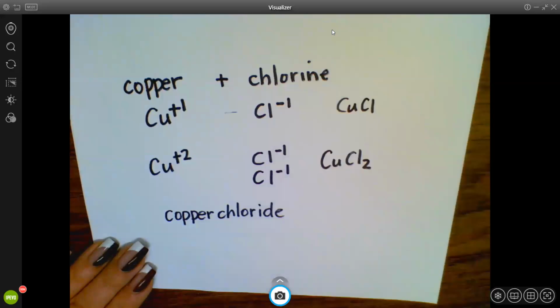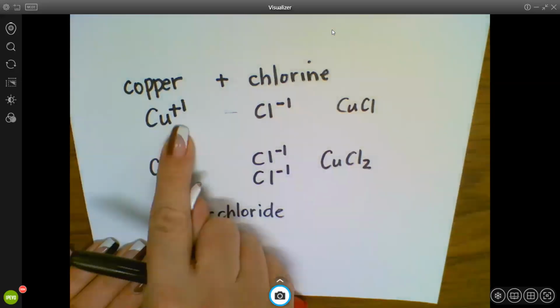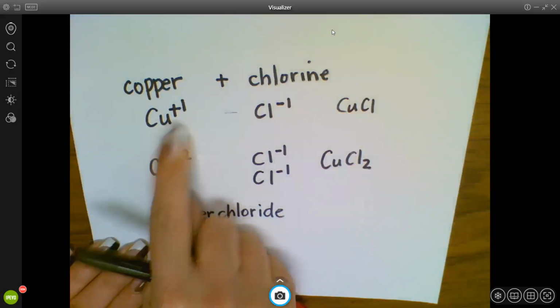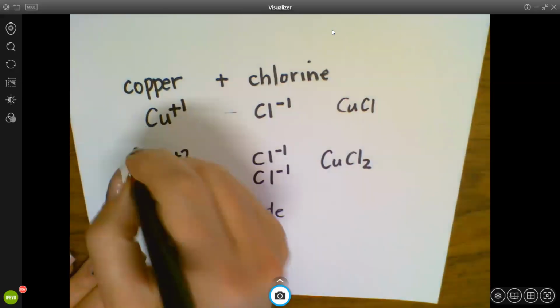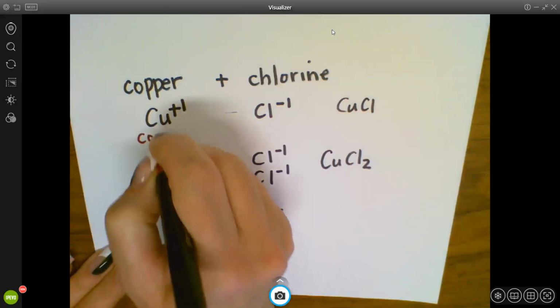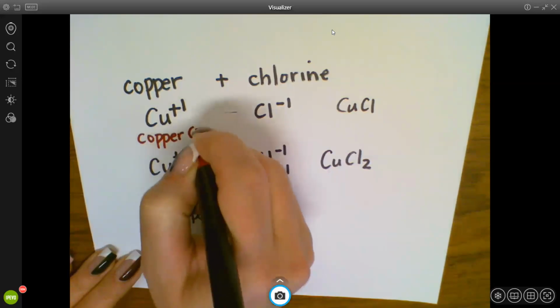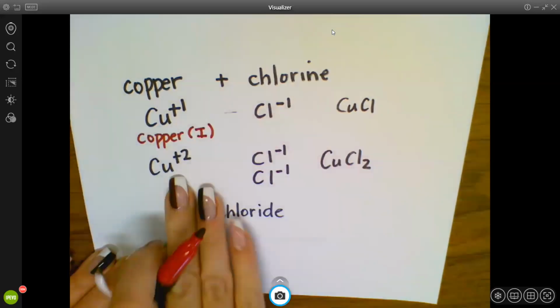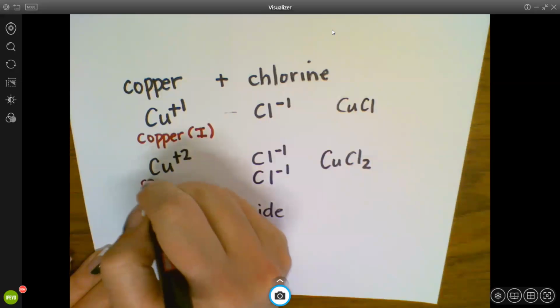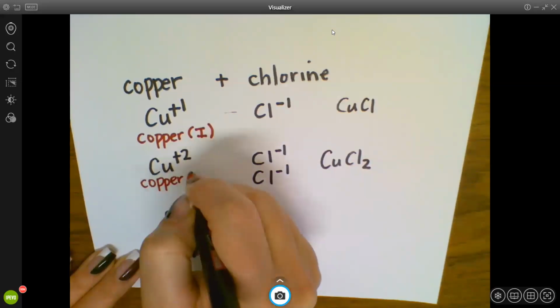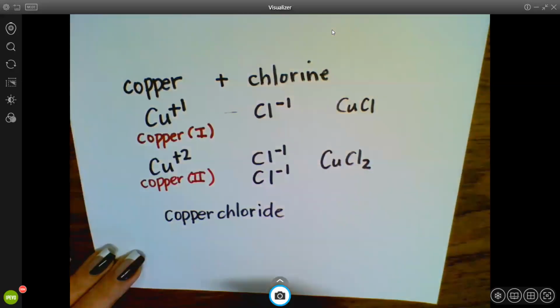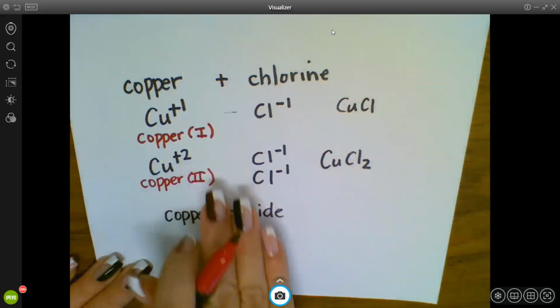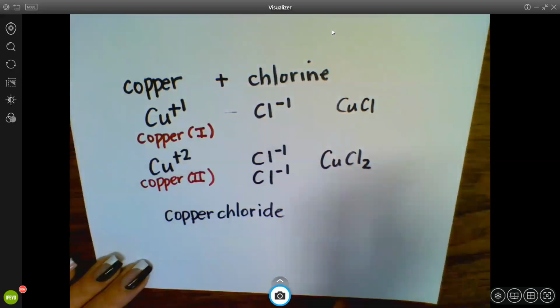So we're going to use Roman numerals, and the Roman numerals are going to tell you the charge. So this copper would be called copper, and then we're going to use brackets and a Roman numeral 1. This copper, which has a charge of +2, we would use the Roman numeral 2. If something had a charge of +3, you'd use the Roman numeral 3, etc., etc.